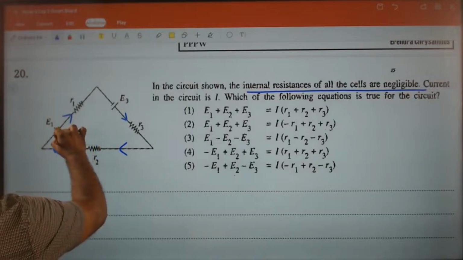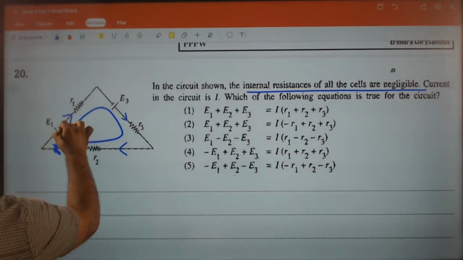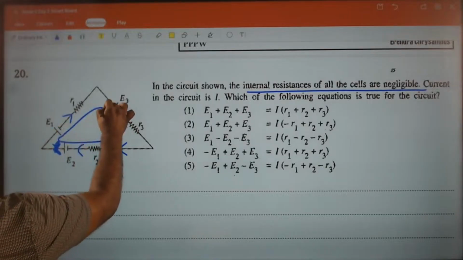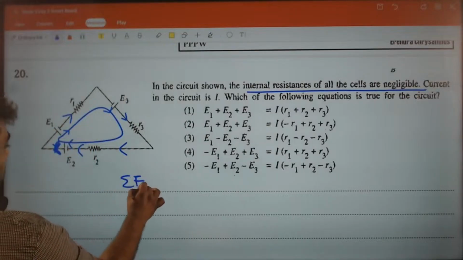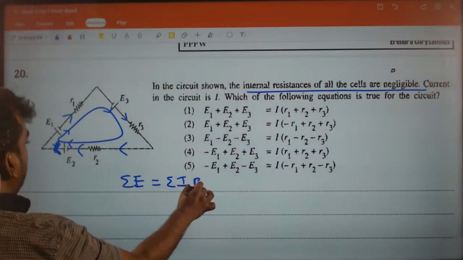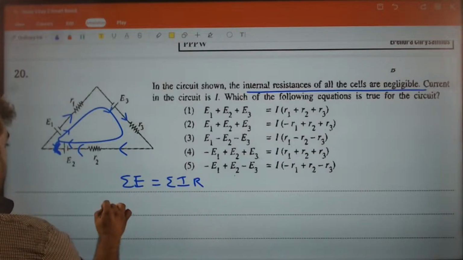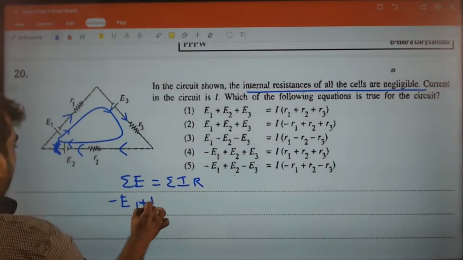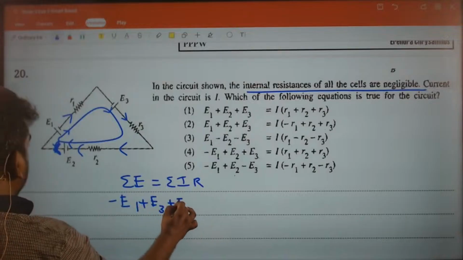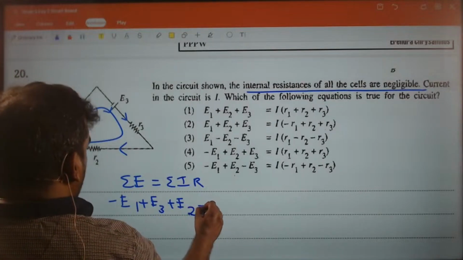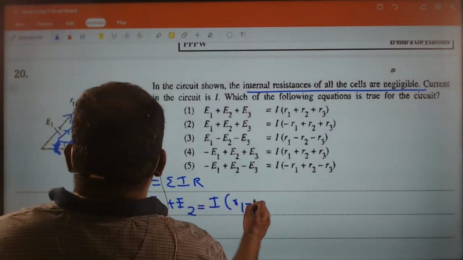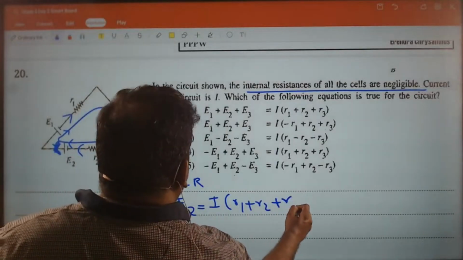So apply Kirchhoff's law. Minus to plus, minus to plus, plus to minus. Sum of EMF equals sum of potential differences. Minus E1 plus E3 plus E2. Loop direction and current direction same. So I times (R1 plus R2 plus R3).